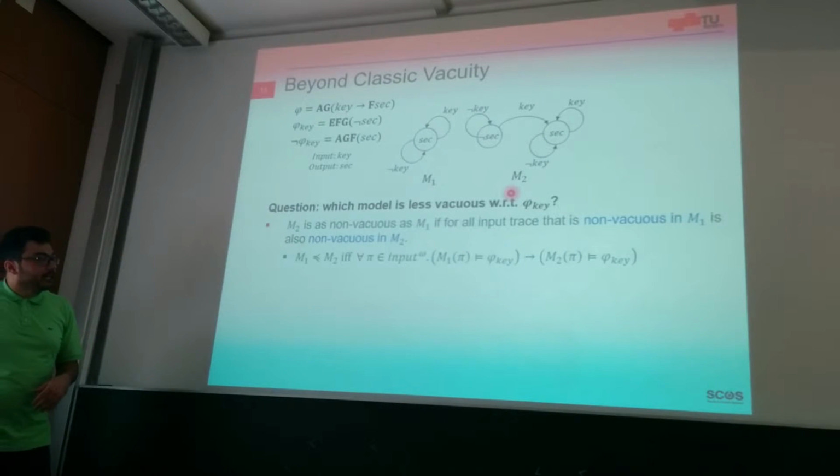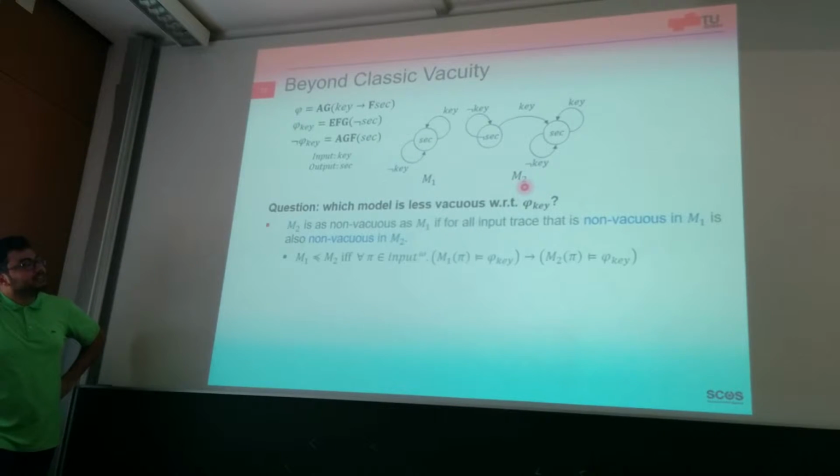Let's see. M2, first of all, we want M2 to be as non-vacuous as M1. We don't want M2 to be worse than M1.